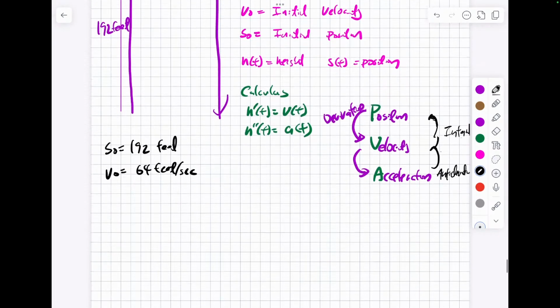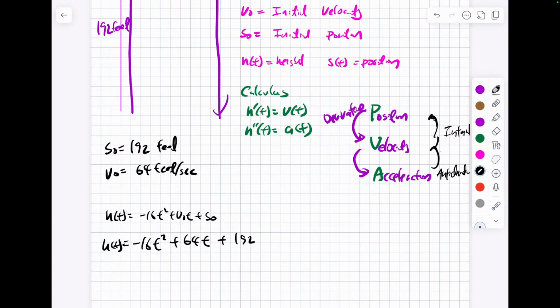So can I do a projectile function, which is h of t is equal to negative 16t squared plus v0t plus s0, which is equal to negative 16t squared plus 64t plus 192. Is that okay? This is the projectile function.